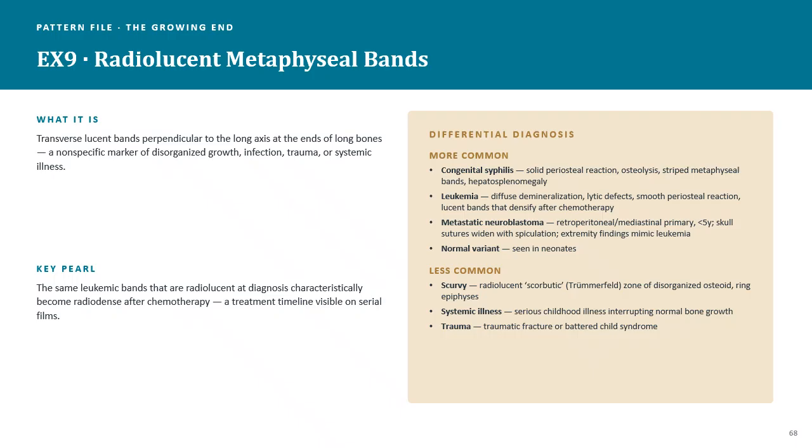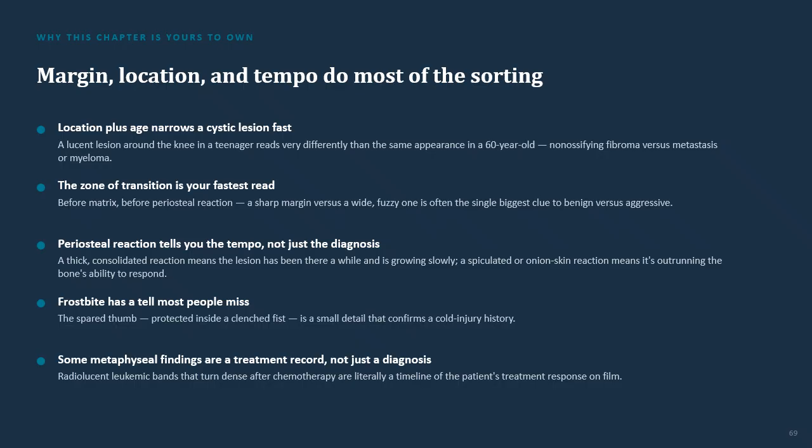patient's bone growth. So here are just some key points that we talked about in terms of the extremity pattern, a way to quickly sort through some of the lesions. Again, not trying to memorize all of these diagnoses, but the first thing that we learned tonight was we want to look at the location, and we also want to look at the patient's age, because the same dark bone lesion might mean something very different if we're talking about a teenager versus a patient that's 60 plus years old.